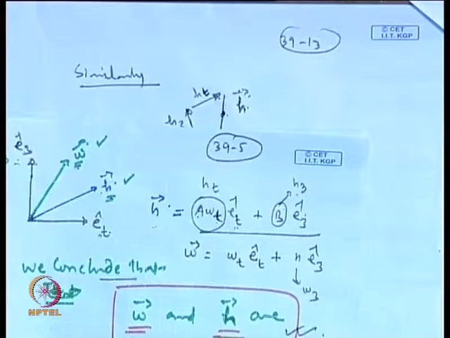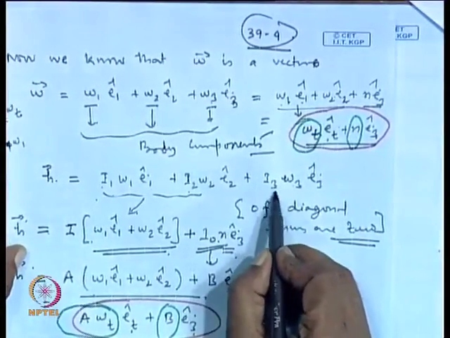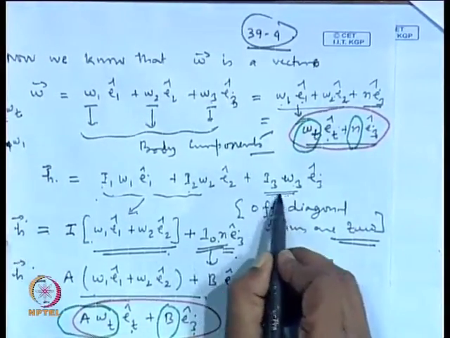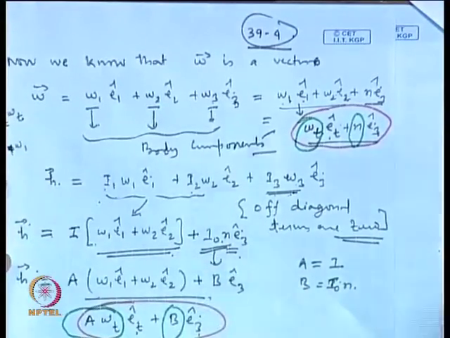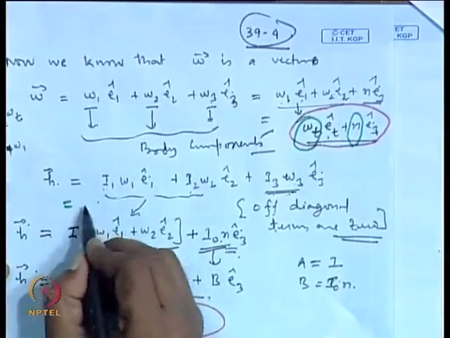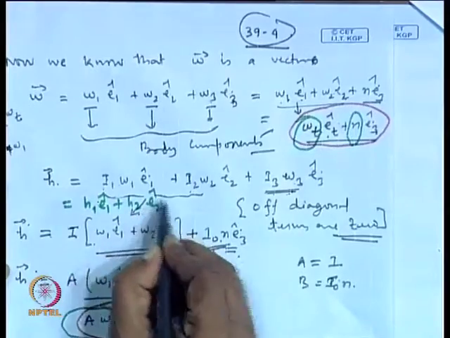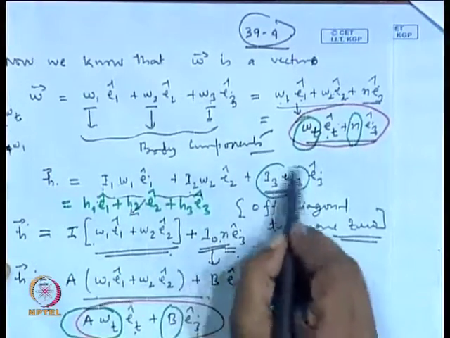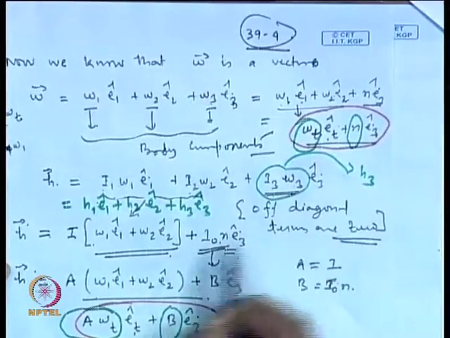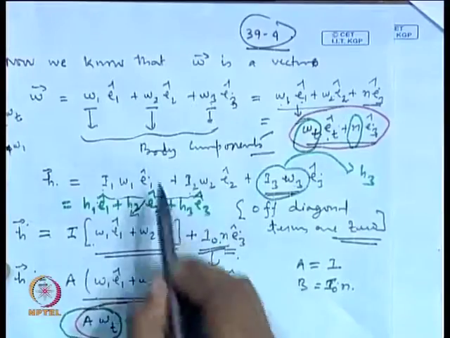We can look back into our old equations. See what is the quantity here. This quantity is nothing but your h 3. Okay. This can be written as, basically h is nothing but h 1 times E 1 cap plus h 2 times E 2 cap plus h 3 times E 3 cap. So, this is your h 3, okay, and this together it constitutes the h t vector.